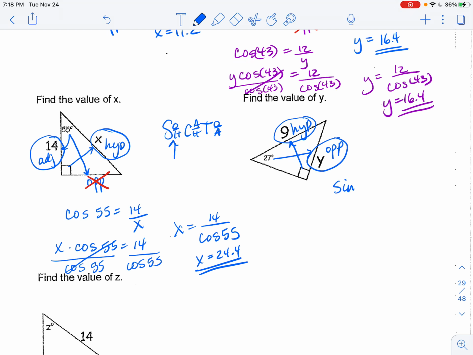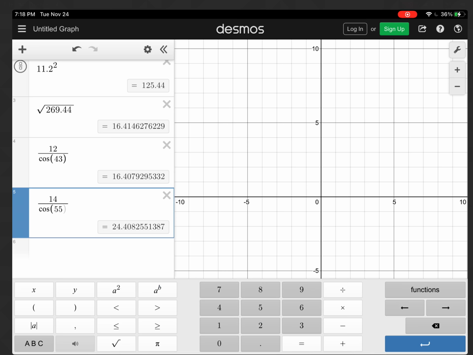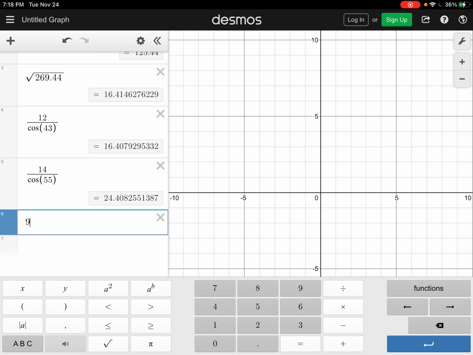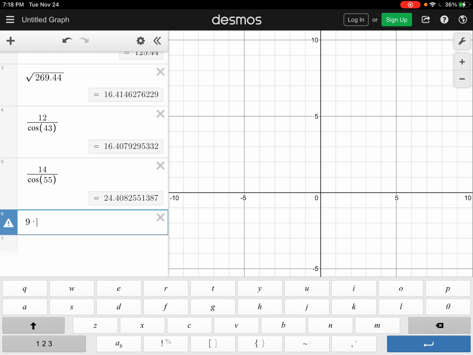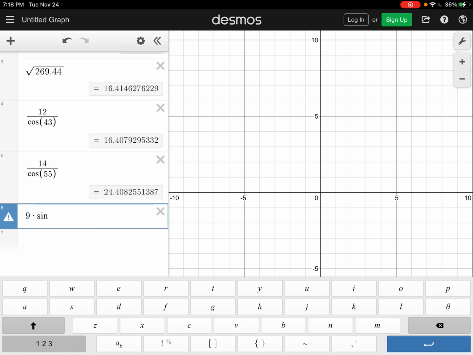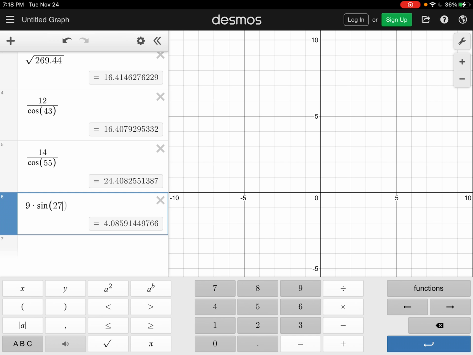So this is sine of my angle is equal to opposite over hypotenuse. y is being divided by 9, so I need to multiply both sides by 9. And y is equal to 9 times sine of 27. 9 times sin, open parentheses, 27, is 4.1.